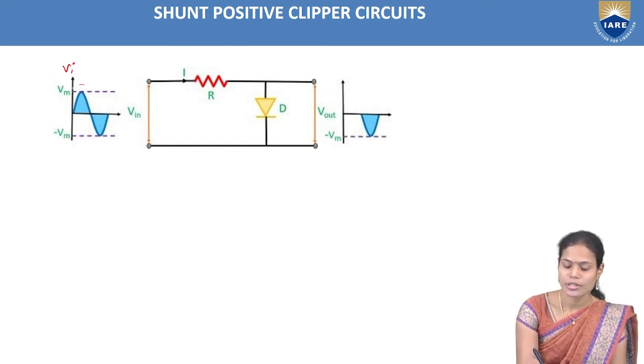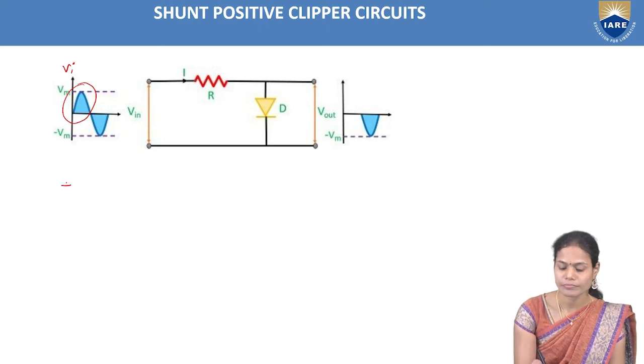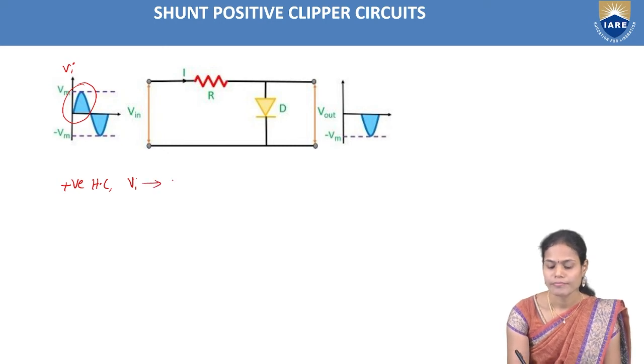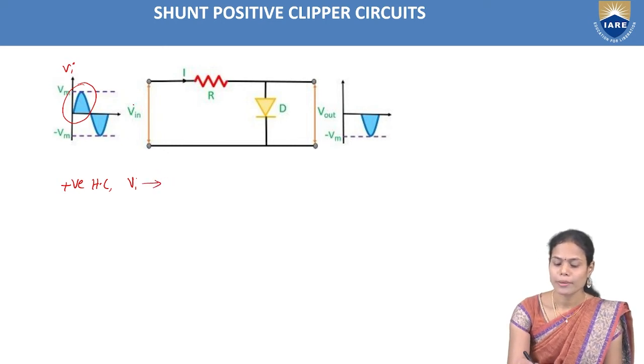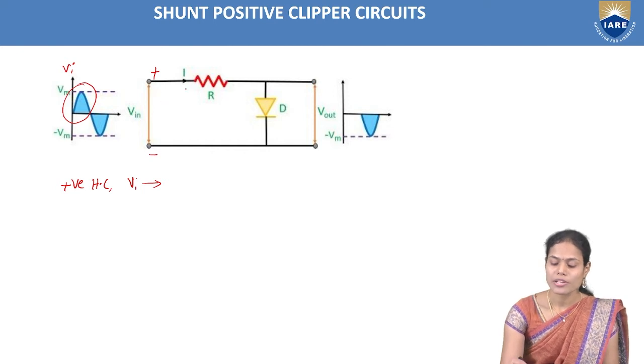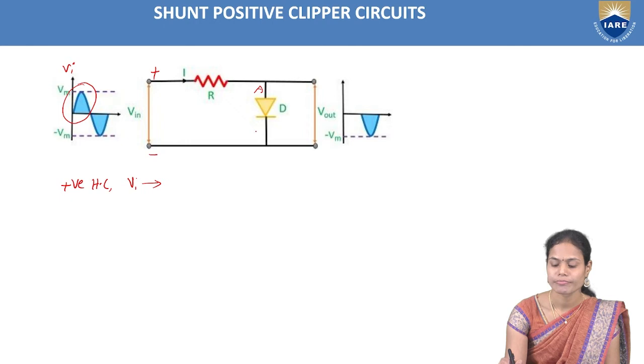First of all, I am considering my positive half cycle of input voltage Vi. If we apply the positive half cycle of input voltage, that is nothing but plus here, minus here. That is nothing but the positive voltage is applied to the anode terminal of the diode, so that both the polarities are same.